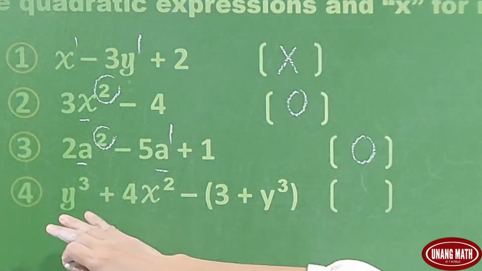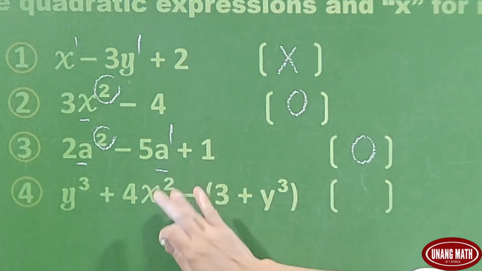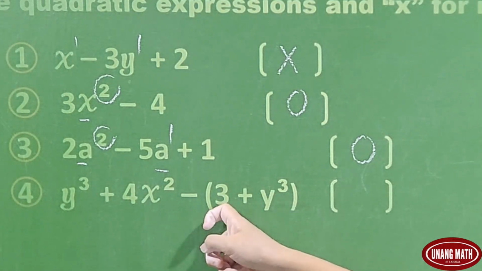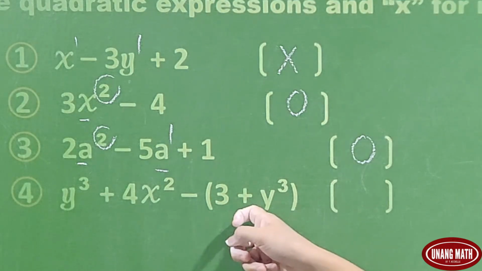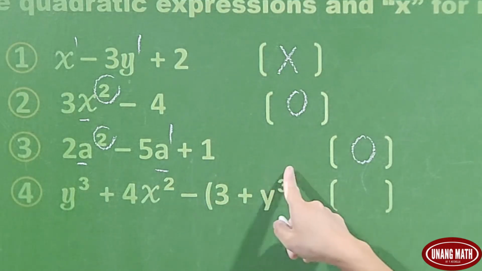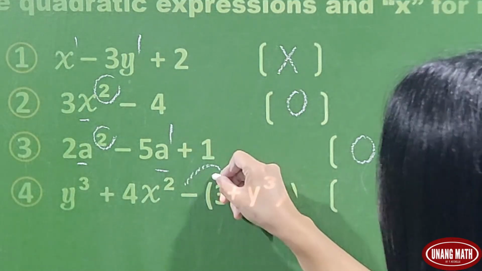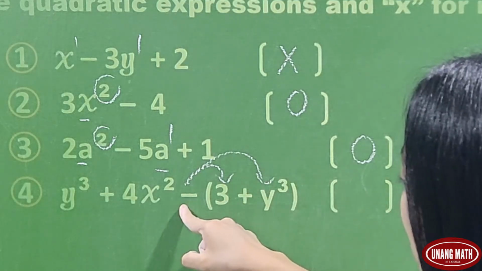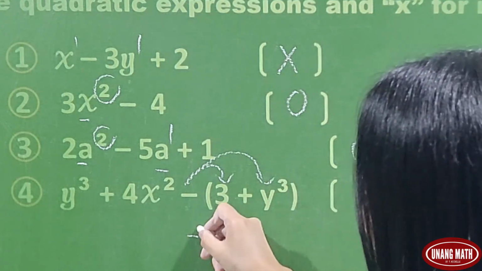What about number 4? y cubed plus 4x squared minus, inside the parentheses, 3 plus y raised to the power of 3. We cannot decide yet if this is a quadratic expression or linear expression or what. First, we have to remove the parentheses by doing distributive property. So negative times 3 is negative 3.